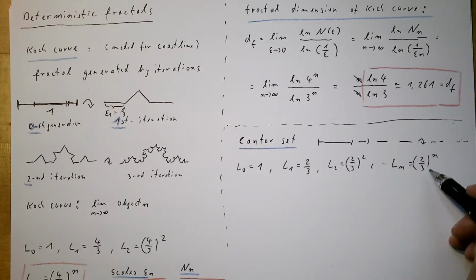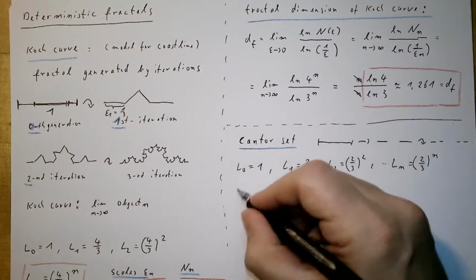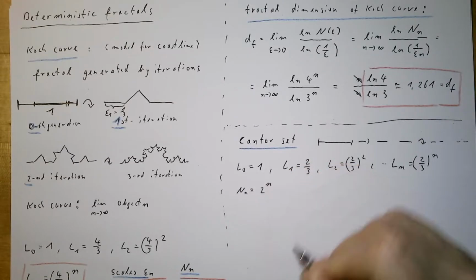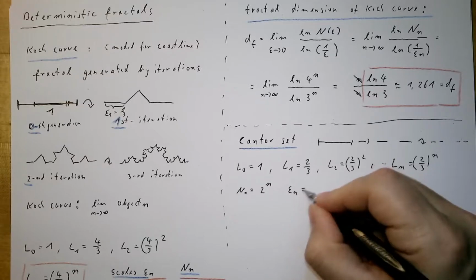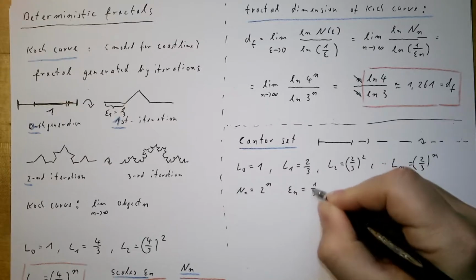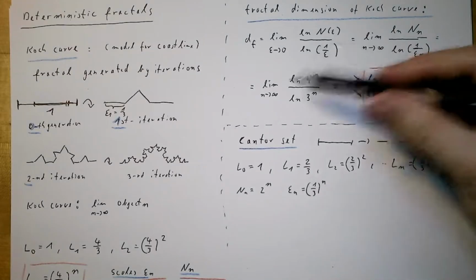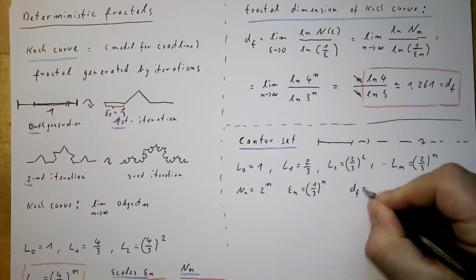And so the scale, so what's the number of objects? Then N in this case is 2 to the power n. The scale epsilon n is again 1/3 to the power of n. And then in a similar calculation as before, we obtain the fractal dimension. Yeah?